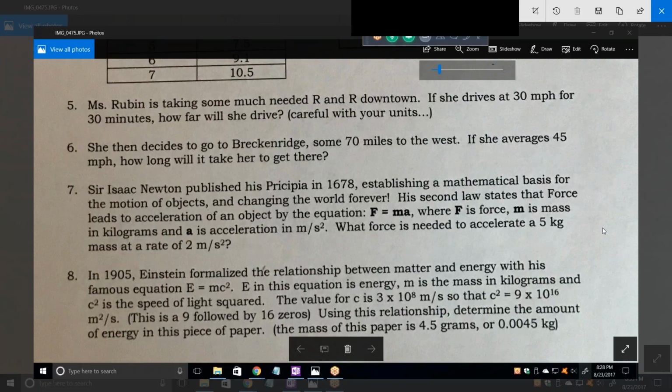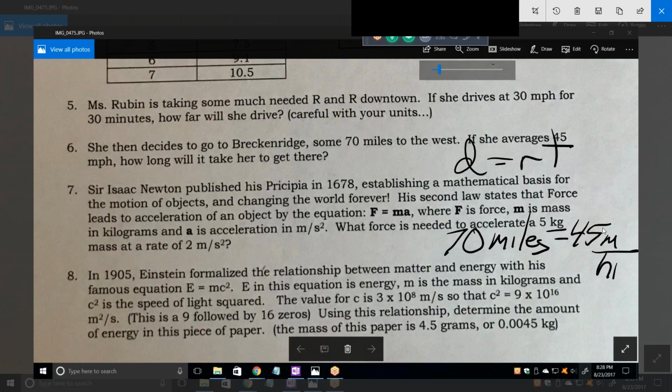So what's the master equation? D equals RT. What's the distance? 70 miles. Her average rate is 45 miles per hour. Can divide both sides by miles.